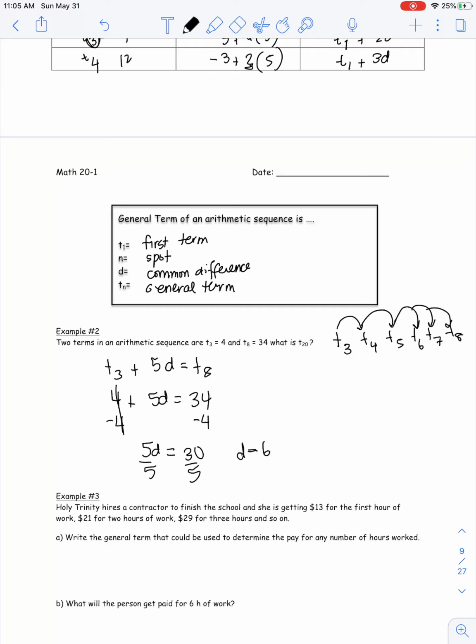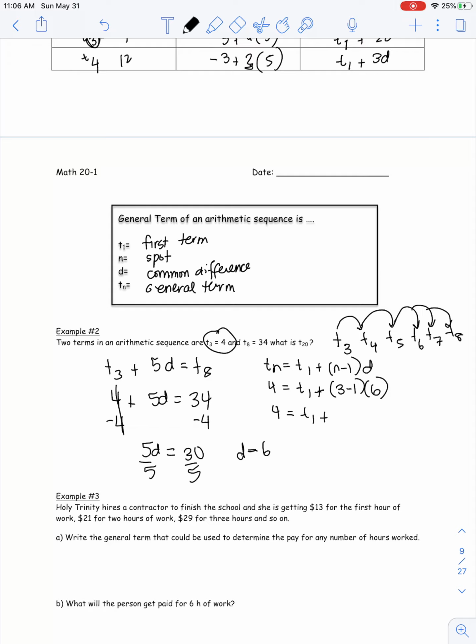They want to know what term 20 is. Well, we still need to find out what T1 is. So we can go to the equation now where we use this point or the other one. We know that Tn equals T1 plus (n minus 1)d. When Tn is 4, we know that the n value, the spot that we're in, is 3, times your common difference, which is what we just found.